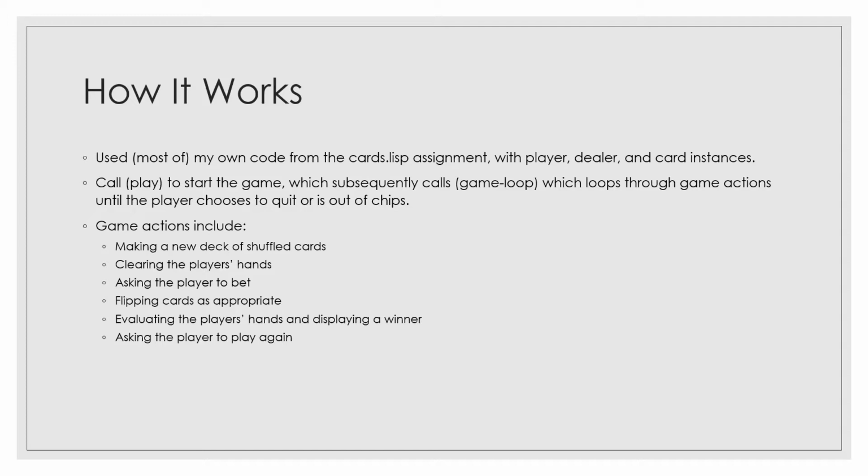To start the game, you'll call the play function, which subsequently calls game loop, a function that loops through a number of game actions that make the game actually play. For example, those game actions could be making a new deck, clearing the player's hand to make sure that anything from the previous round isn't carried over when assessing the player's hand value, asking the player to bet after each card flip or flips, and after they're dealt to, flipping cards as appropriate, evaluating the player's hand and displaying a winner, and asking the player to play again.